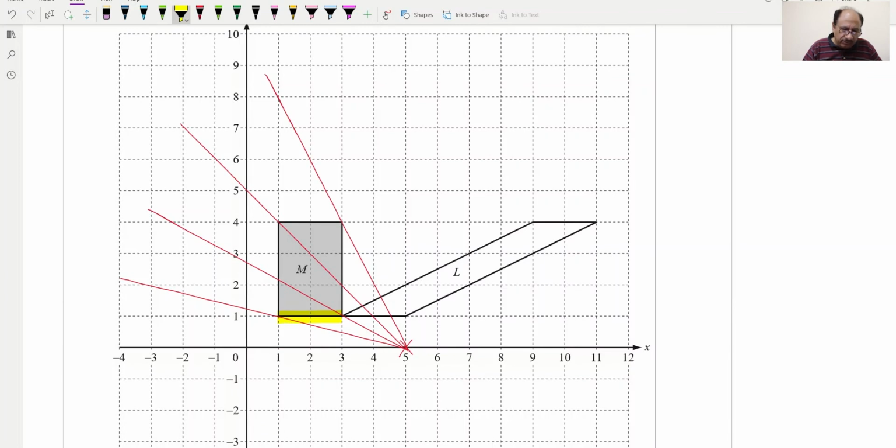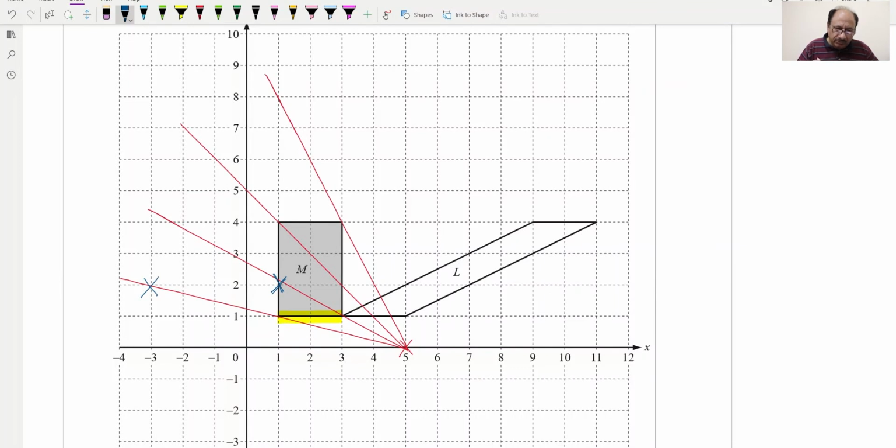So it will be 1, 2, 3, and 4 units. We can take these points, the one point we can take is this one, at 4 units, 1, 2, 3, and 4. So one point will be this one.